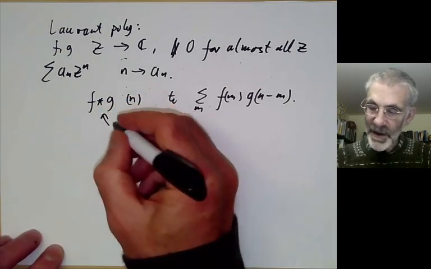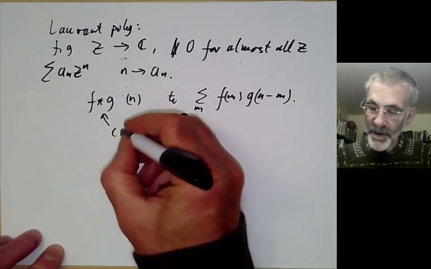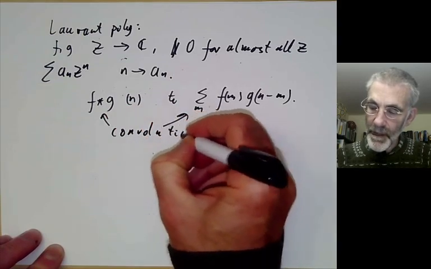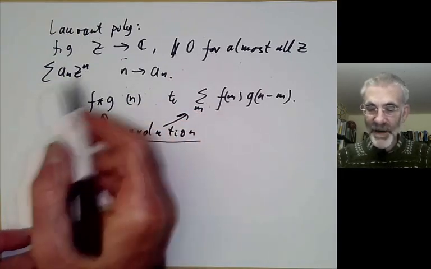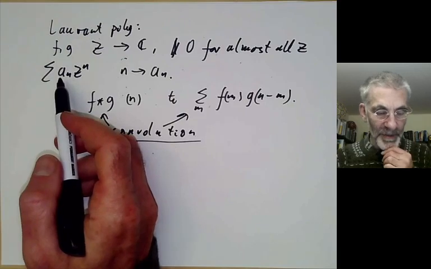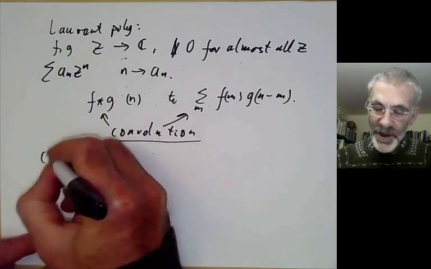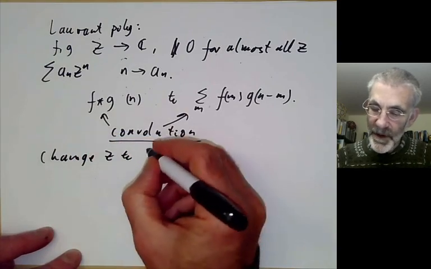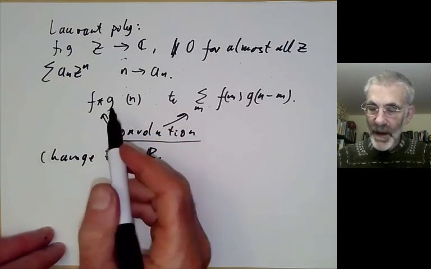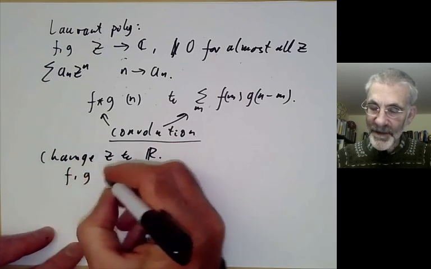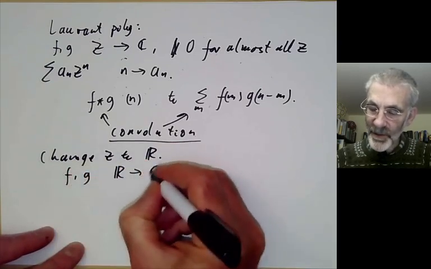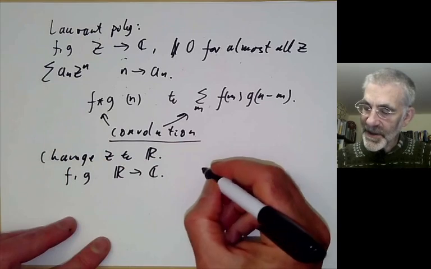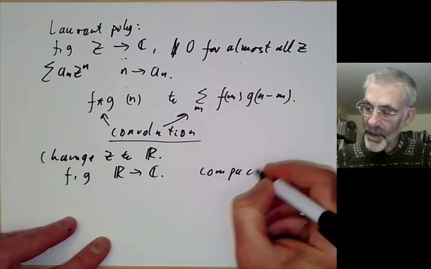This is called the convolution, which seems to be a funny way of talking about multiplication of polynomials. However, what we can do is change Z to the reals. Now I'm going to look at functions f and g from the reals to the complex numbers, and I'm going to say that these have compact support.